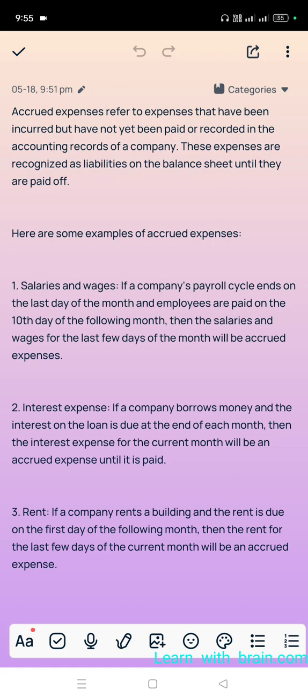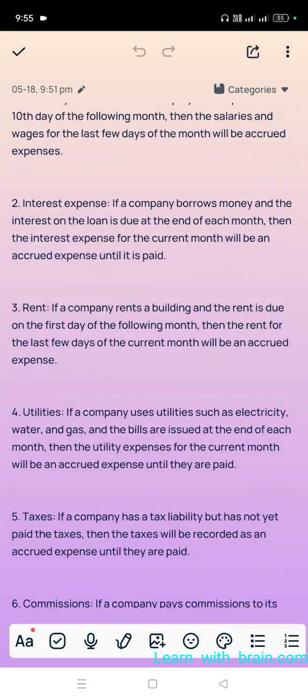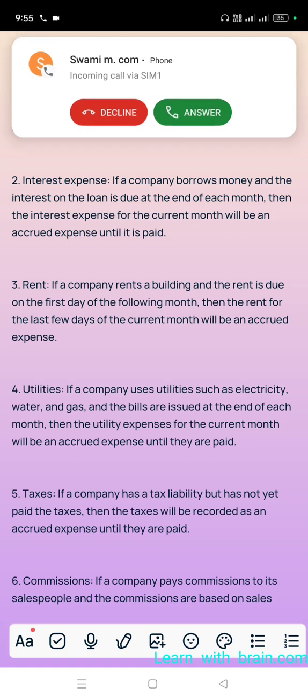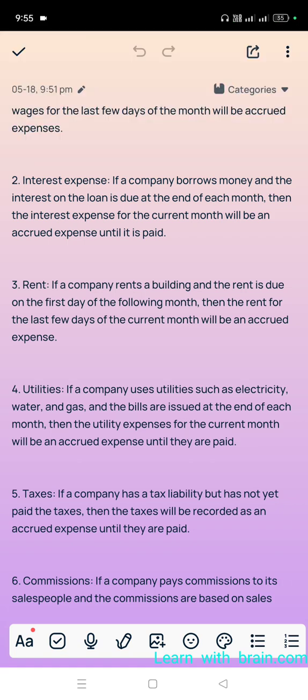Okay, next we will go for another example. Interest expense. If a company borrows money and the interest on the loan is due at the end of each month, then the interest expense for the current month will be an accrued expense until it is paid.